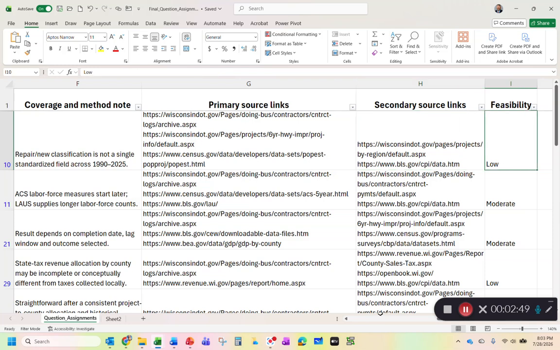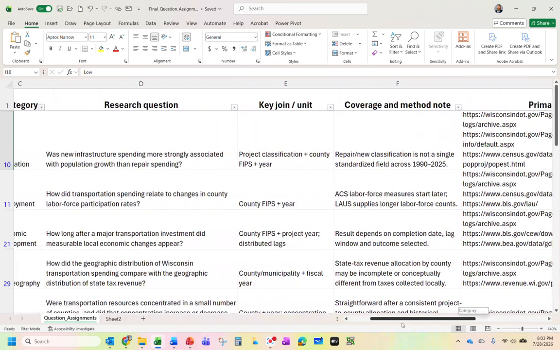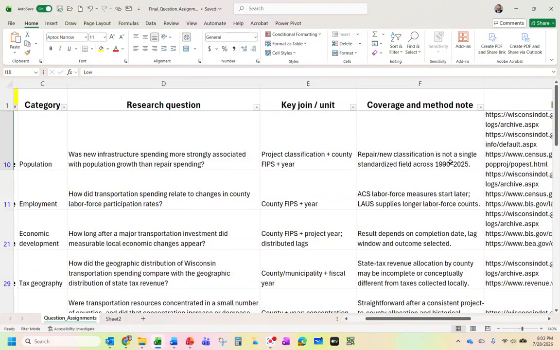The feasibility is the likelihood you're able to answer this question completely, like truly give a full 100% answer from 1990 to 2025, breaking everything down. The feasibility on this one's pretty low. 90% of the time, the reason is that the data doesn't go back to 1990. You may only be able to find four or five years, or you may only be able to look forward instead of backwards. So there are some things there that you'll need to look at.